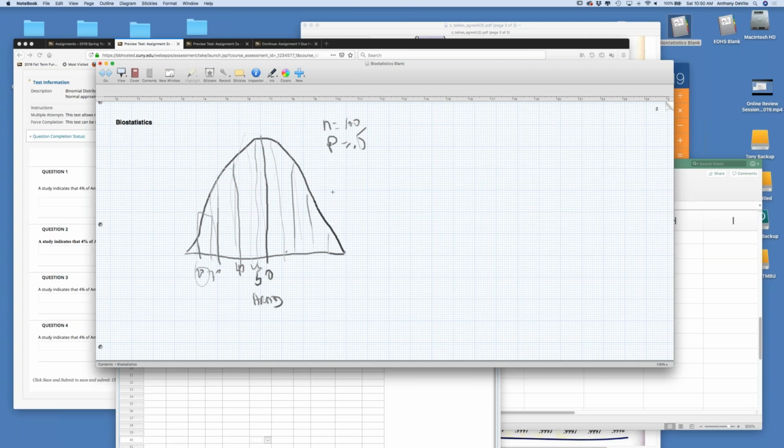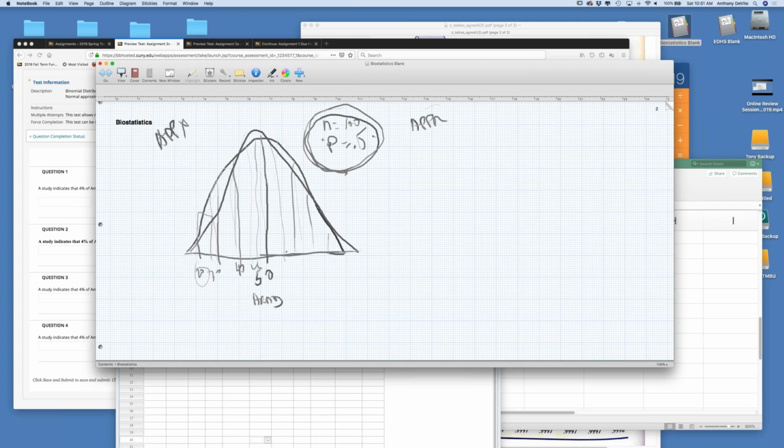So in essence, we can approximate the results for a binomial distribution as kind of a normal distribution. It's not a completely normal distribution, it's an approximation, but a lot of times we can use this functionally.